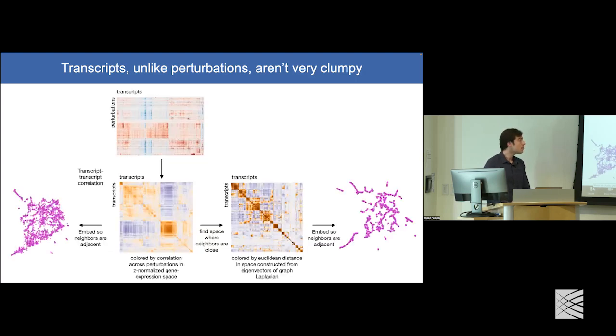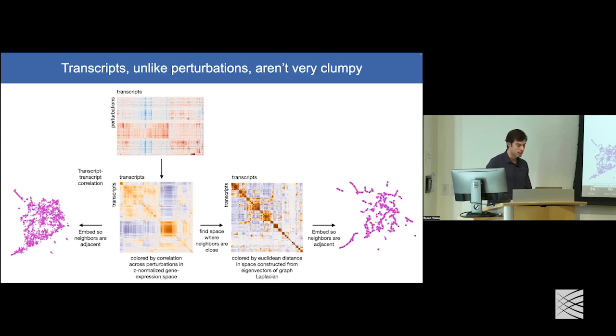And so the approach that we took, which we're not in any way arguing is optimal, but did nonetheless yield significant insight, was basically to try to find a space where the neighbors were just a little bit closer together. And this has some similarities in methods like weighted gene network correlation analysis or something like that.